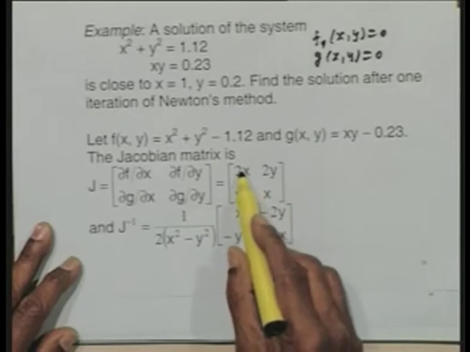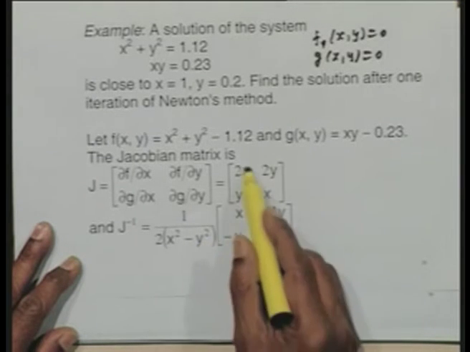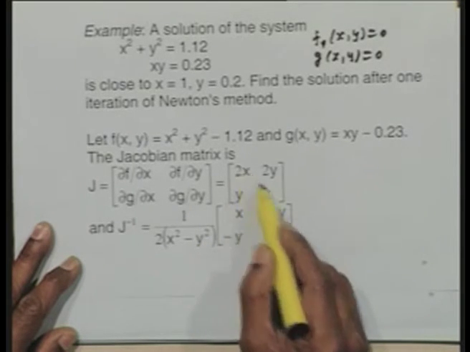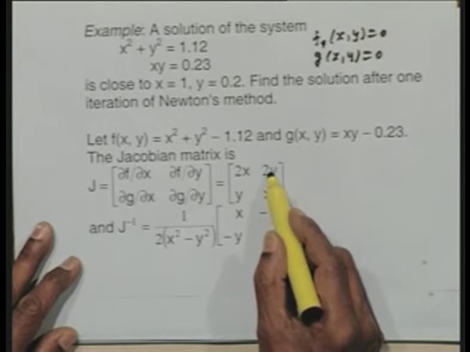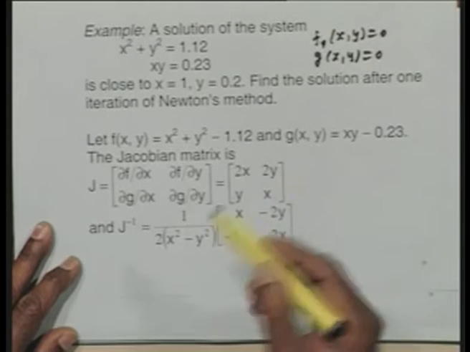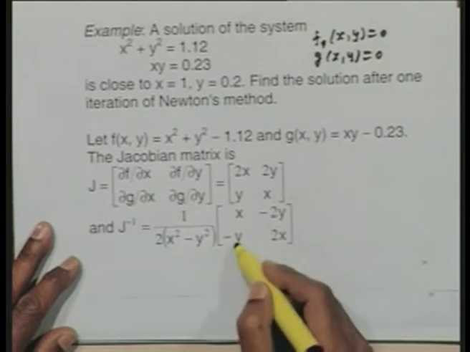It is a 2 by 2 system, so I find the determinant of this, that is 2x squared minus 2y squared, which goes into the denominator. I will write down the cofactors for this. The cofactor for this is x, for this is 2x, and we take the transpose also. So I take minus 2y and minus y here.